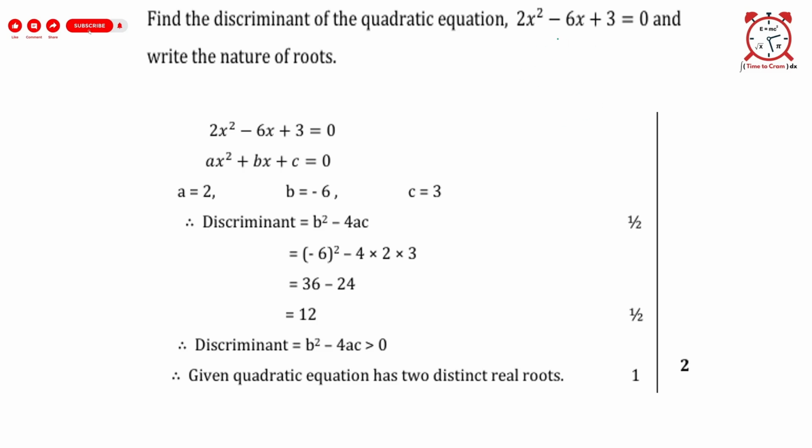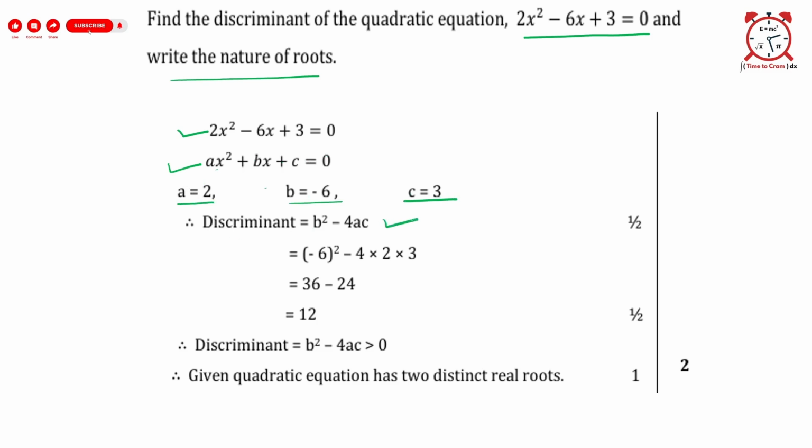So the next question is in the internal option of the quadratic equation. Find the discriminant of the given quadratic equation and then write the nature of the roots. So first, if the equation is not given in standard form, then we have to write the standard form. Here the equation is already in standard form. After that, we have to compare the given equation with the standard form, ax square plus bx plus c equal to 0. After comparison, a equal to 2, b equal to minus 6 and c equal to 3. Then take the discriminant.